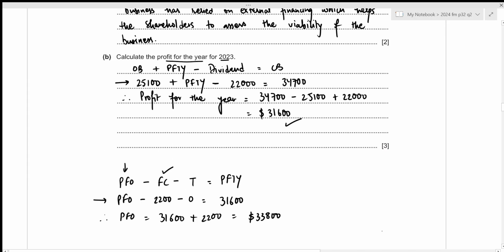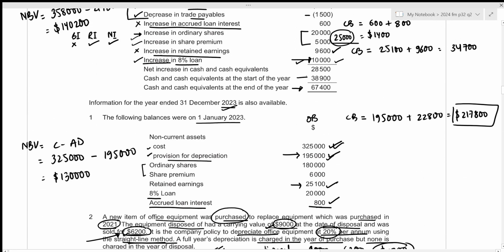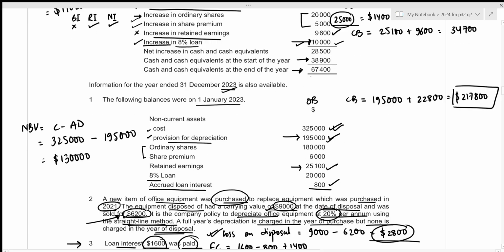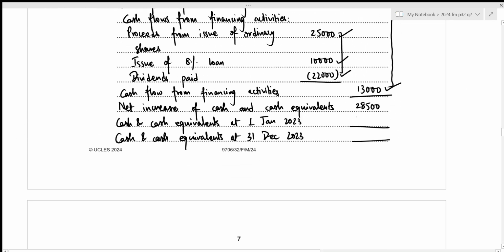Now let's take a look at the given information for the opening balance. Right here it's 38,900. Let's write it down. So 38,900, and the closing balance will be 28,500 plus 38,900, which is 67,400.